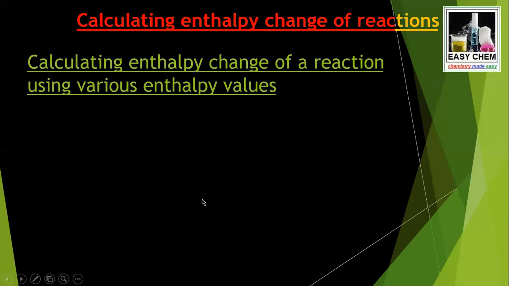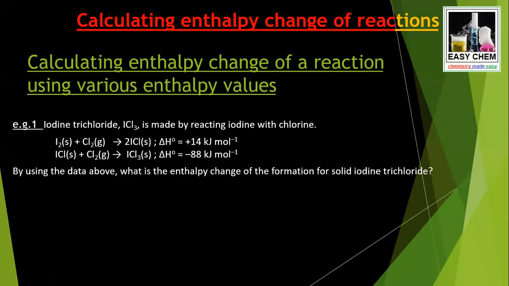To understand this concept better, we are going to discuss one example. In this example, iodine trichloride, ICl3, is made by reacting iodine with chlorine. If you react iodine with chlorine, we can get ICl3. We can call it iodine trichloride. It's a solid. To do this work, there are two reactions.